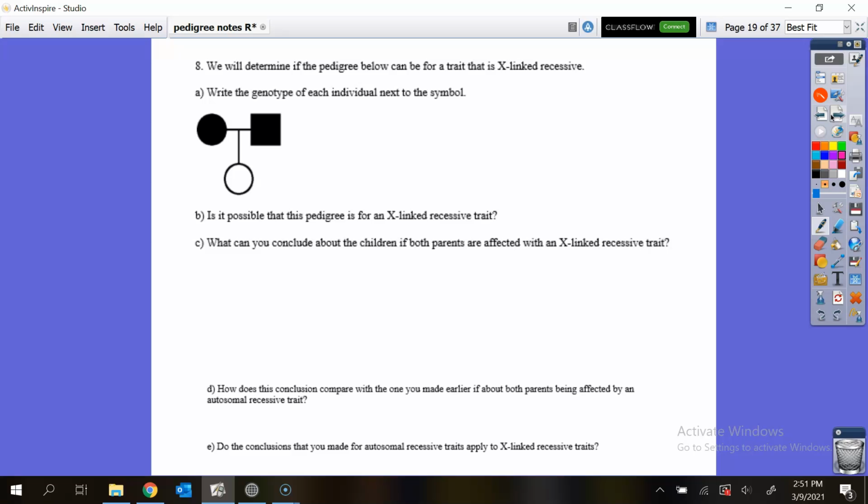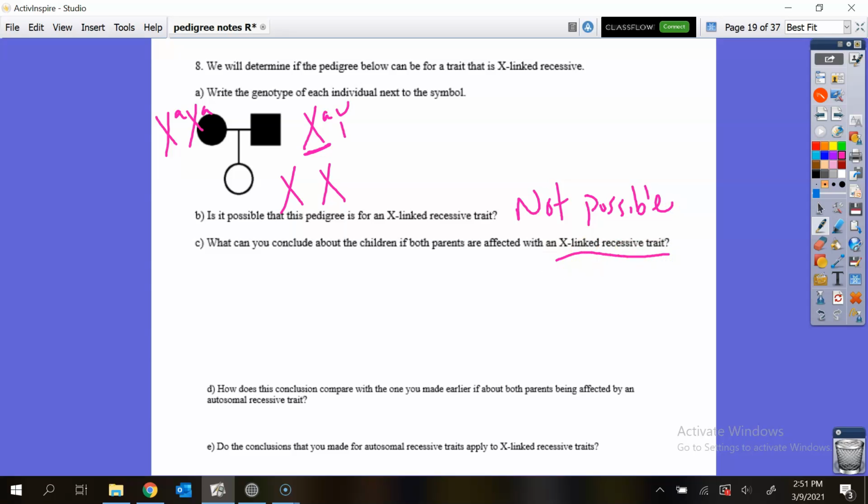Okay, last one here. So mom has it, dad has it, their daughter does not. Possible, right? Because dad would give daughter that. So not possible. What can you conclude if both parents are affected with an X-linked recessive trait?